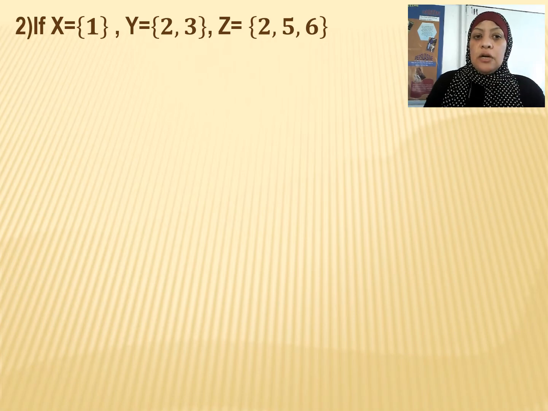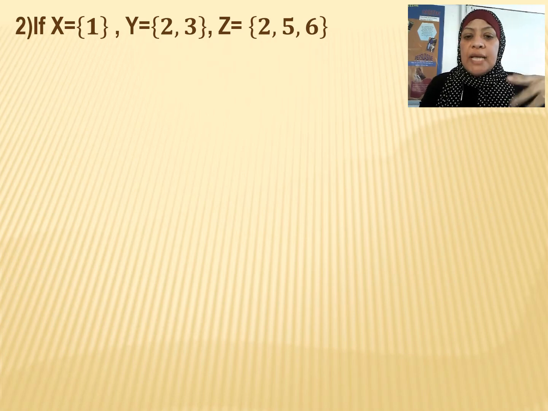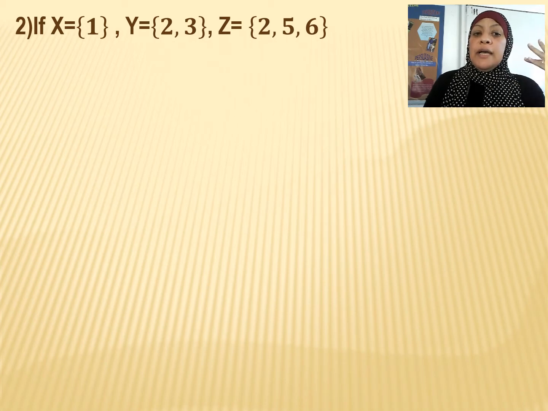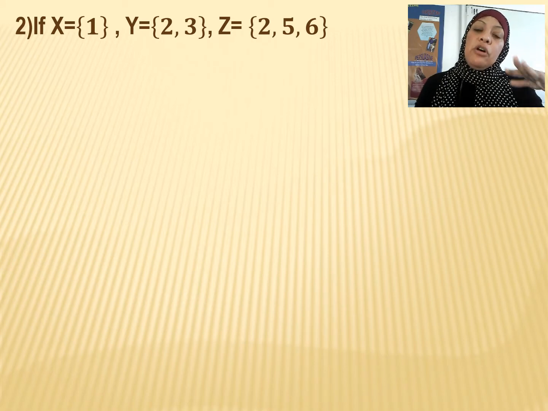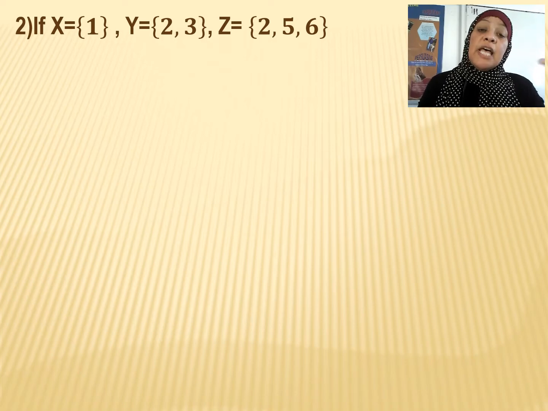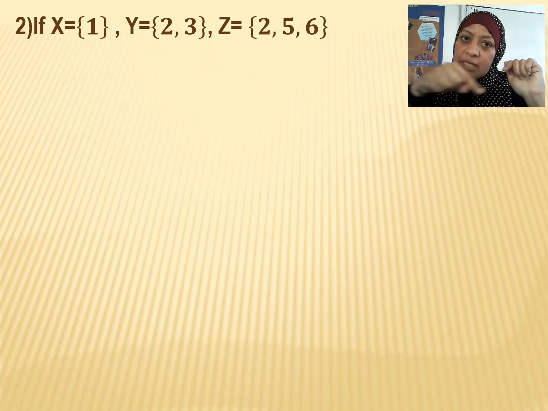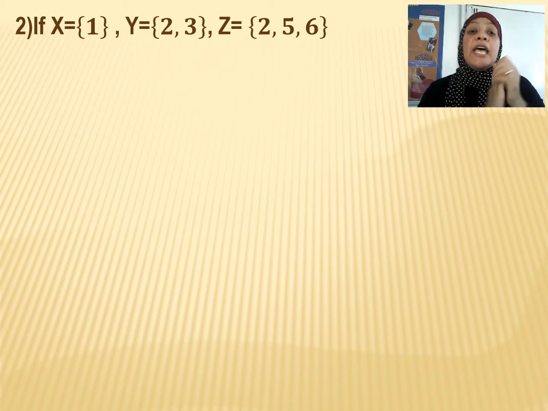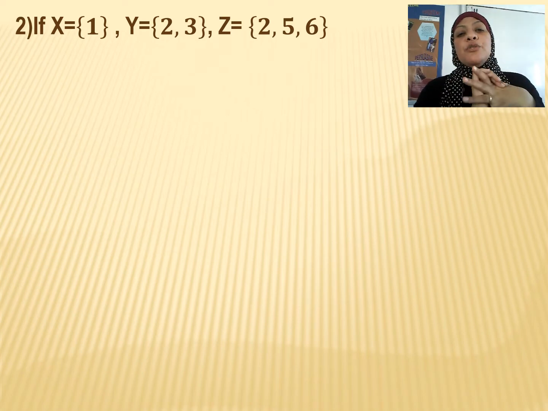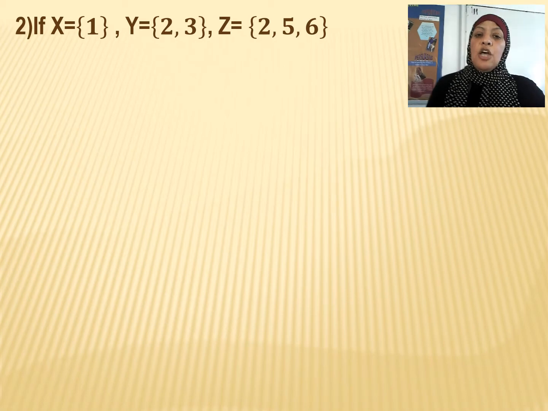X equals the set of 1, Y equals {2, 3}, Z equals {2, 5, 6}. Now, I'll start to help you remember what we studied before in primary 5. It's about the operations of sets. Okay, let's revise the operations of sets. When I ask you to get the union between 2 sets, the intersection between 2 sets, or the difference between 2 sets, we need to remember the operations of sets.